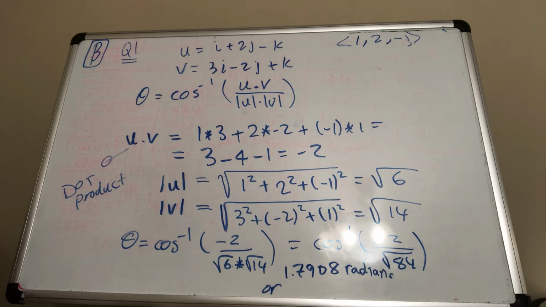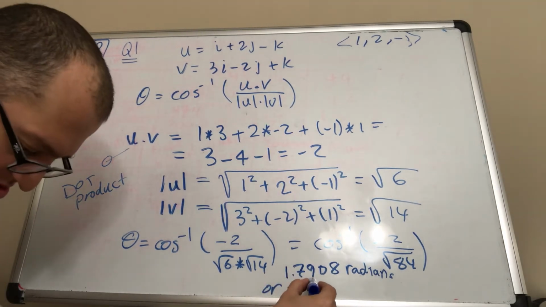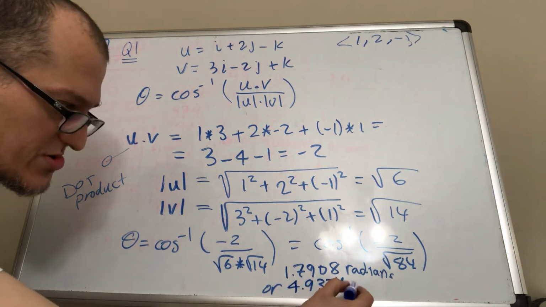Cosine negative would be in this quadrant, and it's also going to be in the third quadrant. So this angle is also plus pi, 4.9324 radians.